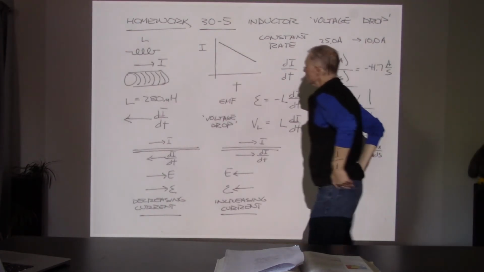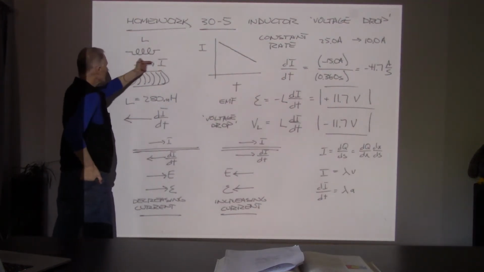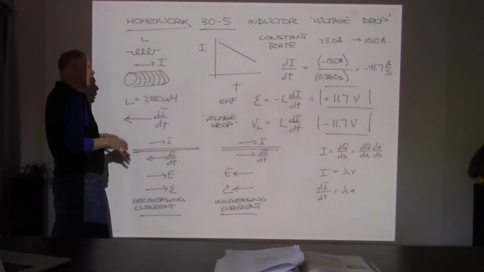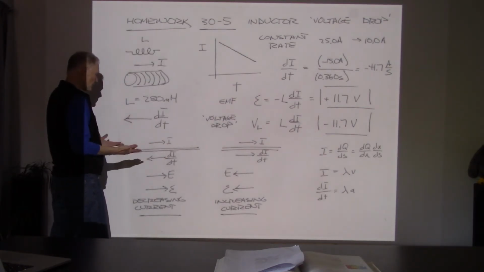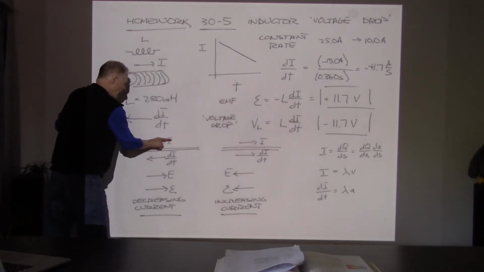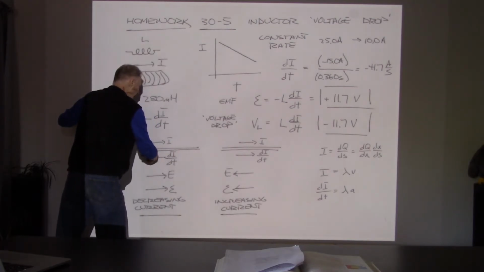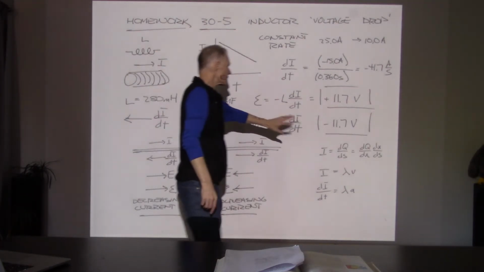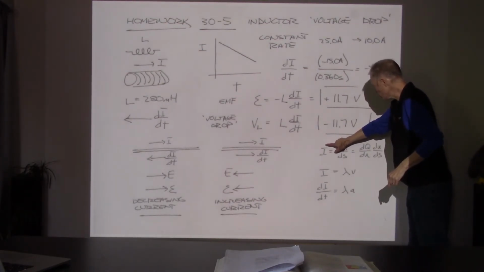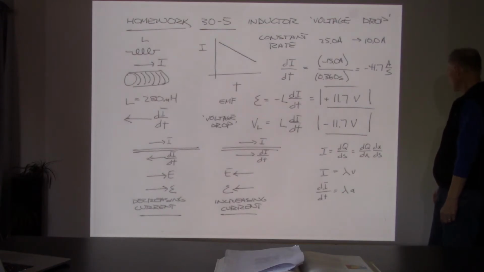All right, so coming back to our solenoid, I have current running through these wires, and let's say it's running in this direction, but it's slowing down, or decreasing. So we can say that I is in this direction, but di dt is opposite. Now, we did this in lecture, I think. We said that one way to think about current is, oh my gosh, what did I do here?